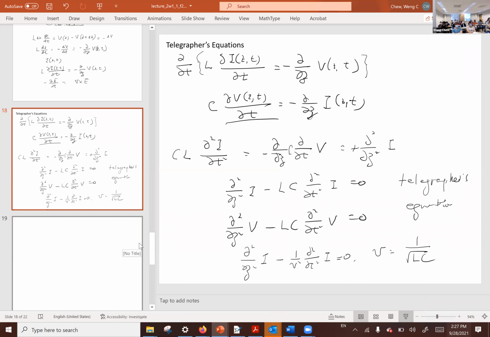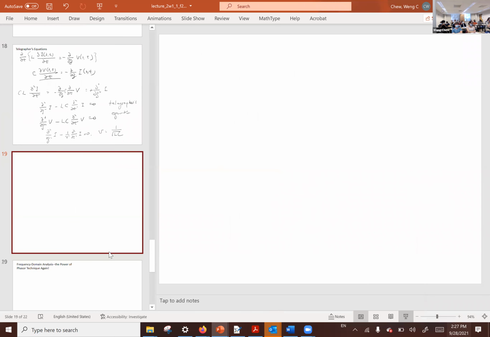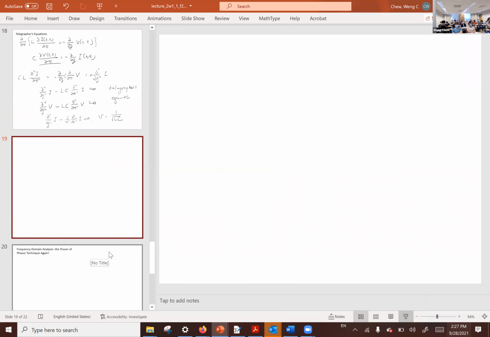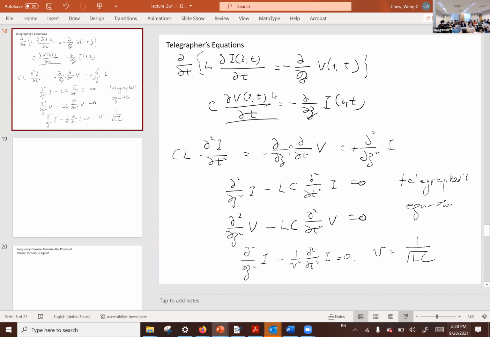So you know how to solve wave equations, and we can talk about it a little bit. There is a voltage and there is a current, both of which obey the same equation. So there is actually a relationship between the voltage and the current. They're not independent. Once you know the voltage, you know the current.